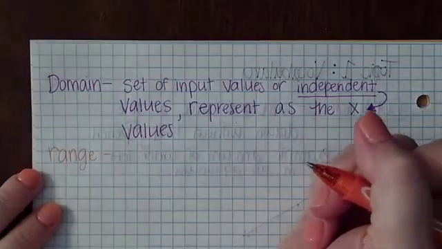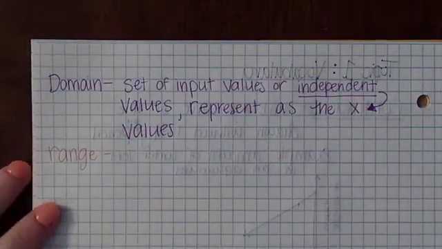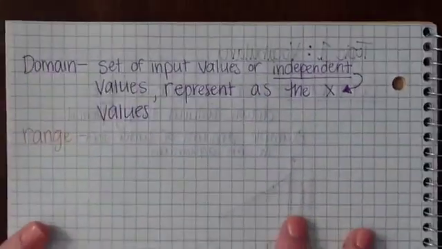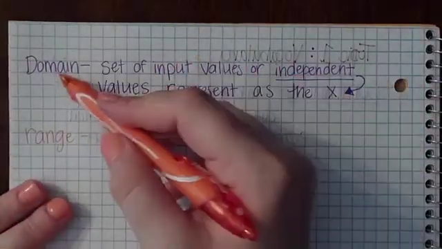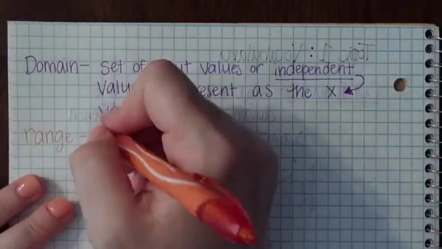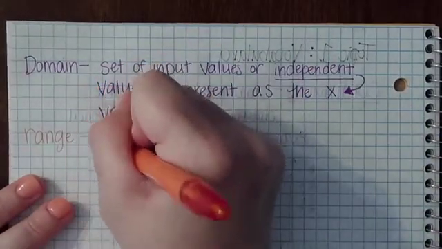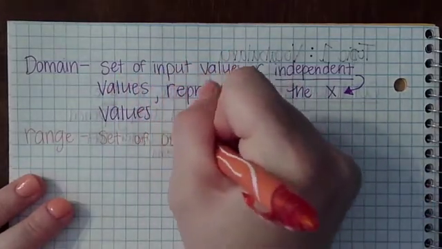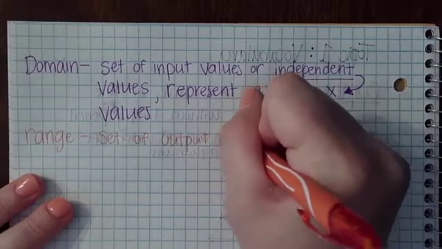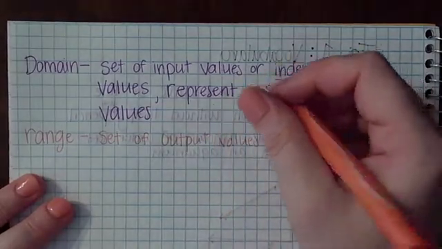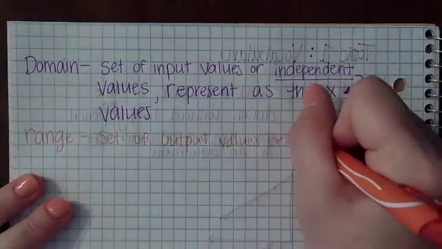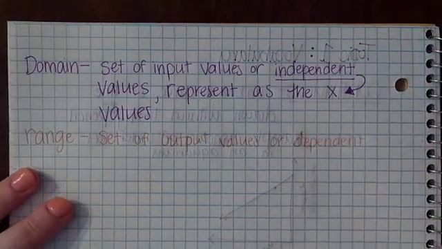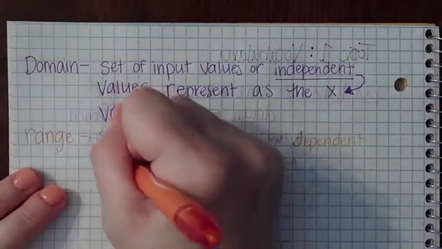range. Let me make it focus. Okay, so range is the opposite of domain. It's the set of output values or the dependent values.